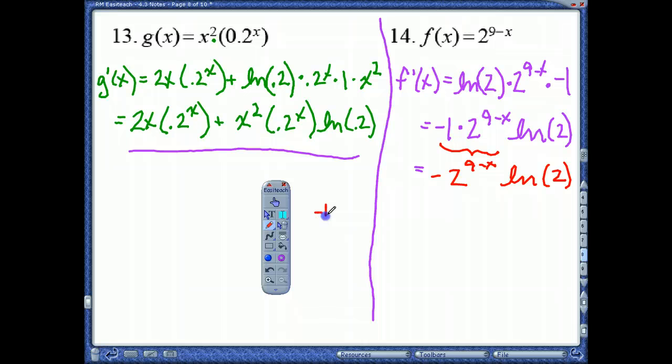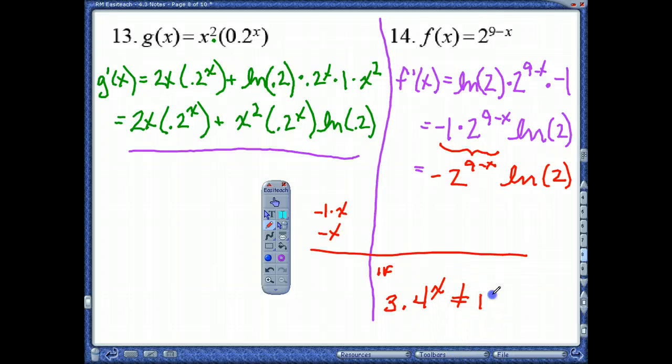I can write negative 1 times x, or I can write negative x, and people understand that it's the same thing. What I want you to be aware of is if you had, say, 3 times 4 to the x power, it is not and never will be 12 to the x power. If you have 3 times 4 to the x power, it's going to stay 3 times 4 to the x power, because we have to do exponents before we do multiplication. So just be very, very careful.